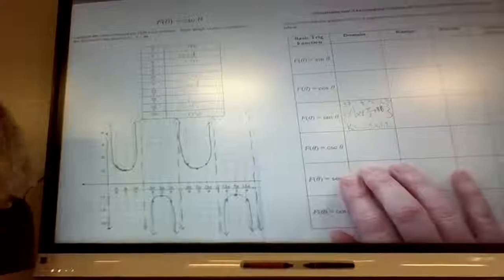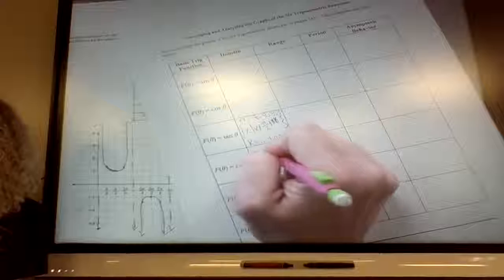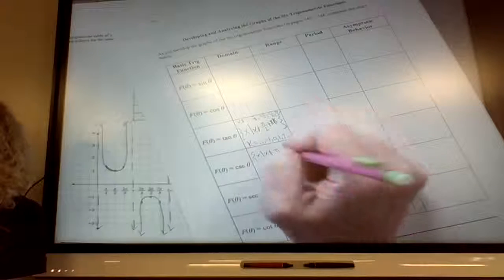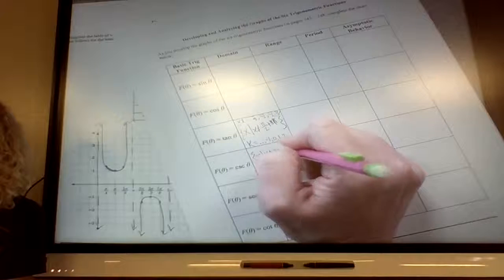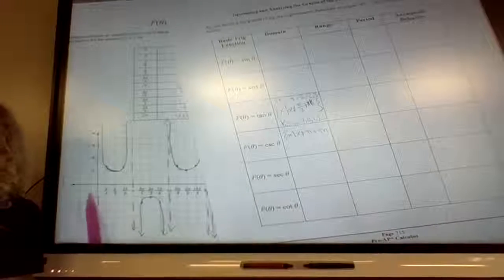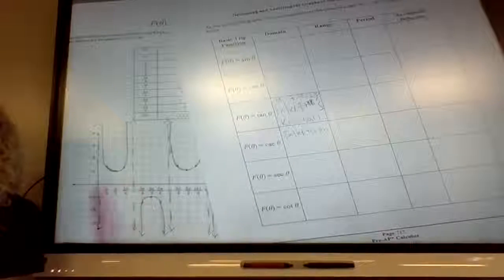All right. So what'd you get? What'd you put for your domain? x not equal to pi plus pi n. Well, since it starts at 0, you could just put pi n on this one. Oh, yeah. I'll put pi k.